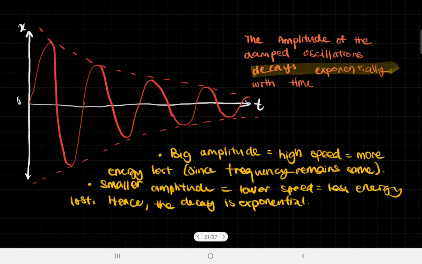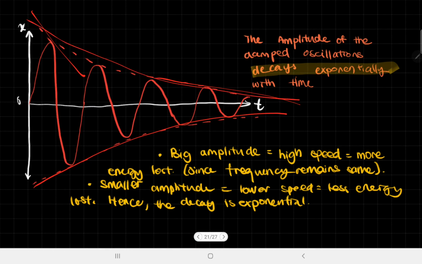And this is basically how it's going to look. If we were to plot a graph of the displacement against time, we can see that it decreases like this. And what is interesting is that it doesn't decrease linearly, meaning it doesn't decrease in a straight line, but in a curved line where the gradient is much higher at the beginning than at the end. We can see that this is the same for both the below one and the above one.